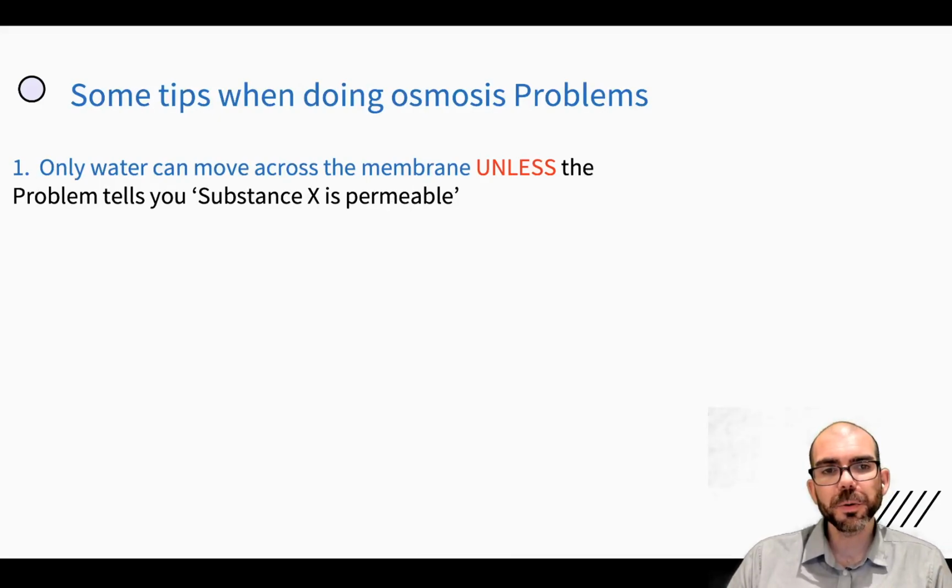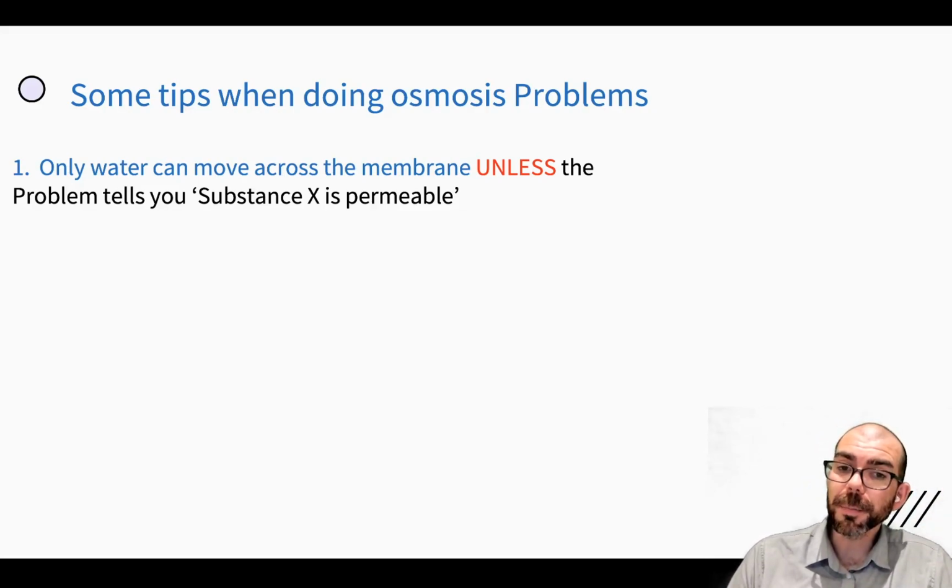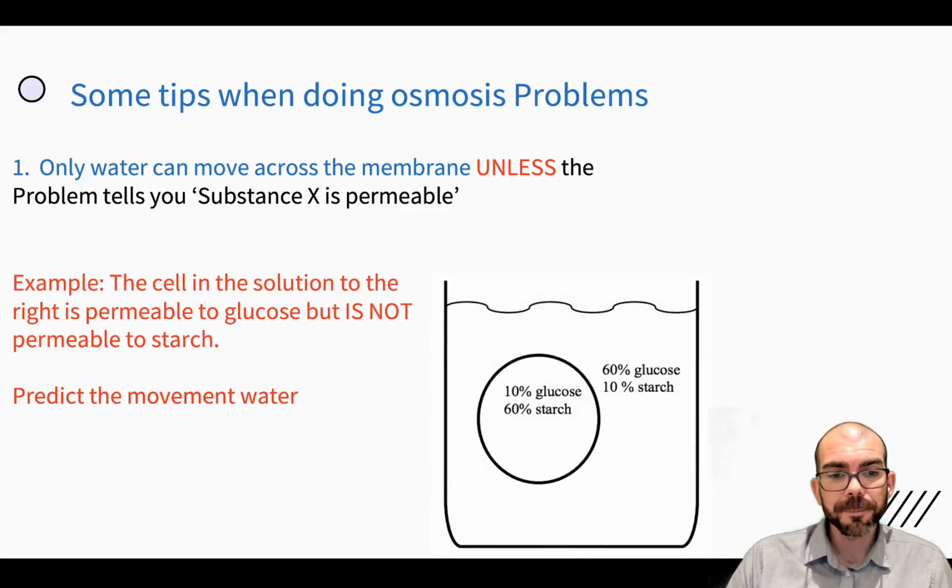Here are some tips when doing osmosis problems. Generally speaking, in most of these problems, water is the only substance that can move across the membrane unless the problem tells you otherwise. If the problem tells you another substance is permeable, then keep that in mind and anticipate the movement of those. For example, here I have a cell that has glucose and starch in a solution that has glucose and starch.